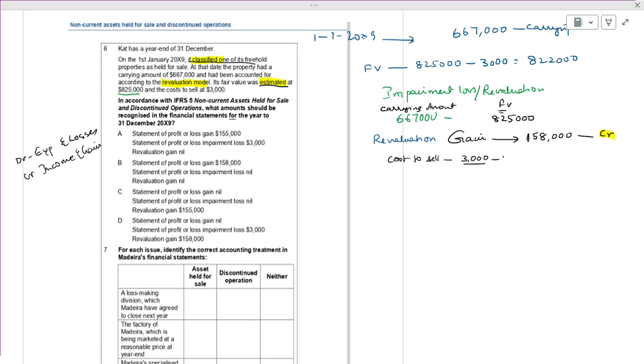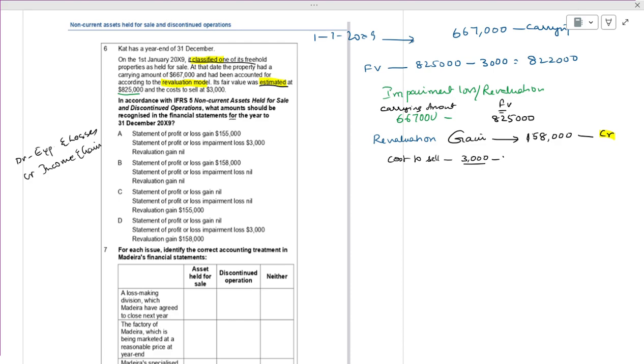When there is a revaluation gain, where will we show it? In other comprehensive income. If we show it in other comprehensive income, it will be reflected in the statement of changes in equity. Separately we have to show.